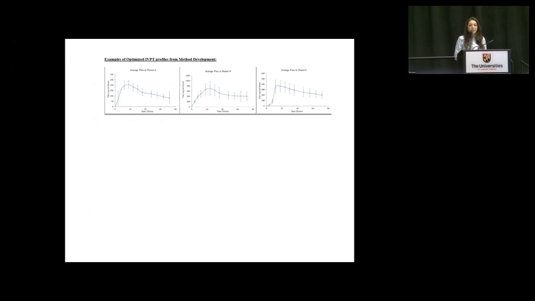Eventually, we provided some examples of an optimized IVPT profile from a method development, and we want to see, ideally, that in at least 3 donors you have established an adequate profile, making sure that your method is adequately developed and ready to move to the next stage of method validation.